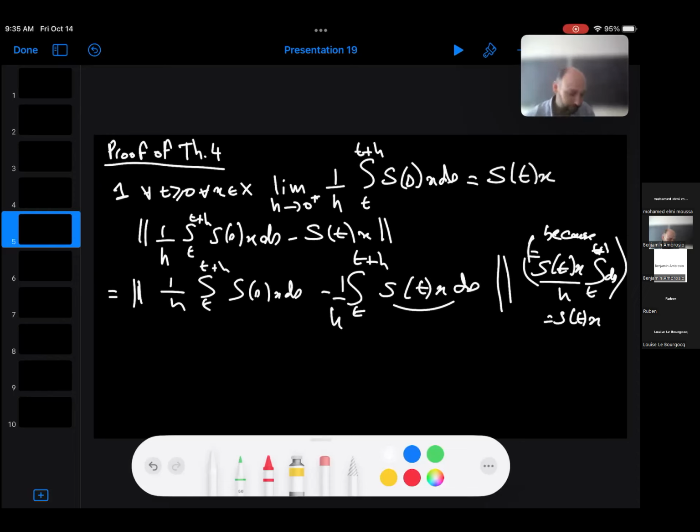What's interesting now is that I can say that this is less than 1 divided by h times the integral between t and t plus h of the norm of S(s)x minus S(t)x ds.